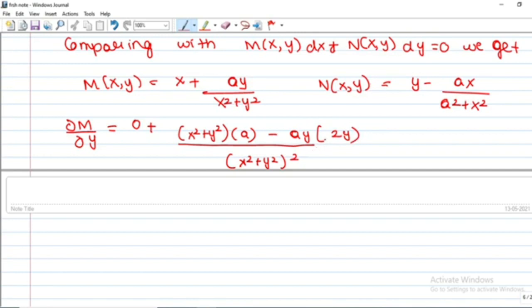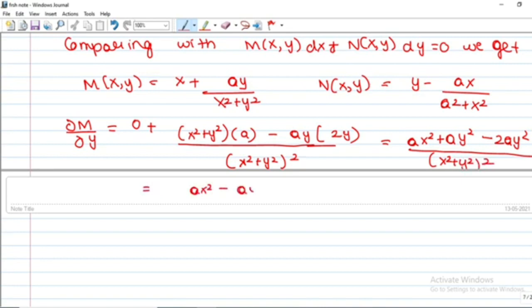So what you are getting here is nothing but ax square plus ay square minus 2ay square, the whole upon x square plus y square the whole square, which will give you finally ax square minus ay square the whole upon x square plus y square the whole square.